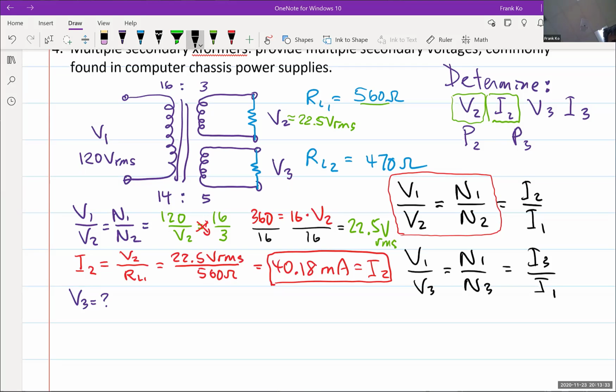Okay, so we're going to do a V1 over V3 equals N1 over N3. And when we go to fill the numbers in, as we did earlier, my V1 still stays as 120. V3 is our unknown. And my N1 is what value, Jacqueline? N1 is 14. And N3 is 5. Yeah, 14 over 5.